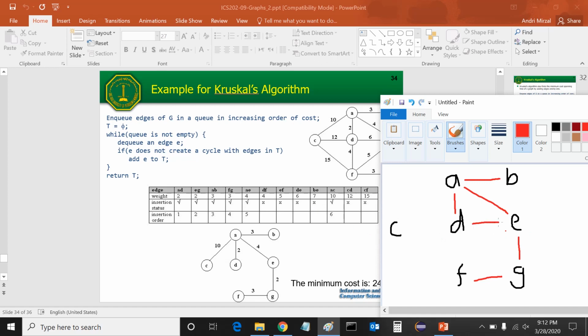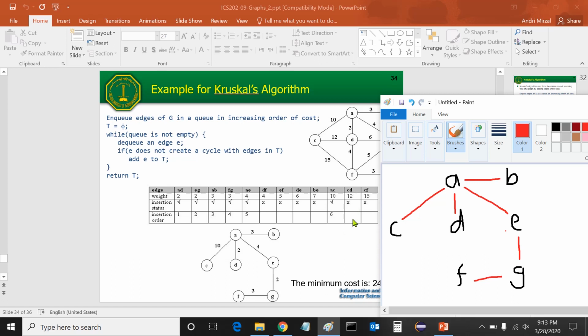Also a cycle will be created, so we cannot draw this edge. Then B to E, you can see that also there is a cycle. Okay, then A to C, this one. We draw A to C, then you can see that we cannot find any cycle, so that means we need to add this edge into the tree.